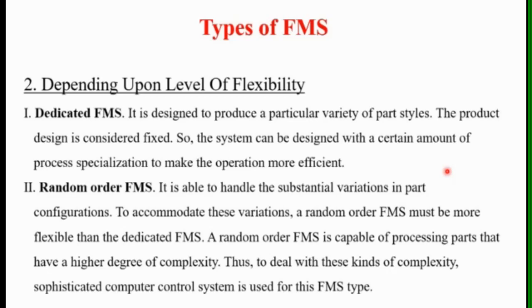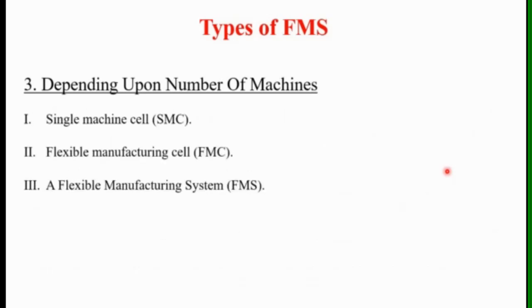Where components have a higher degree of complexity, the random order flexible manufacturing system is more efficient and can be used as compared to the dedicated FMS. Therefore, to deal with this complexity, a sophisticated computer control system is used for this type of manufacturing system.